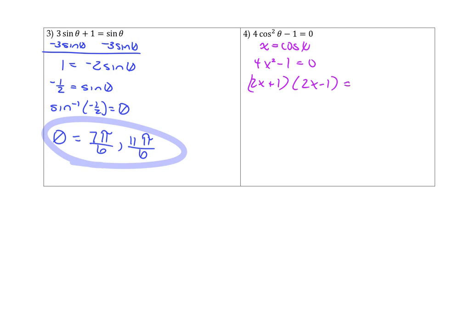So now I can go and sub cosine back in and get 2 cosine theta plus 1 and 2 cosine theta minus 1. So I'm going to subtract the 1, divide by the 2, inverse both sides.